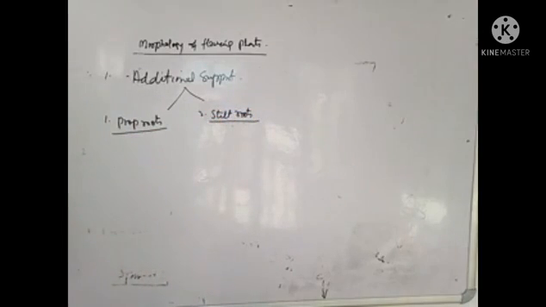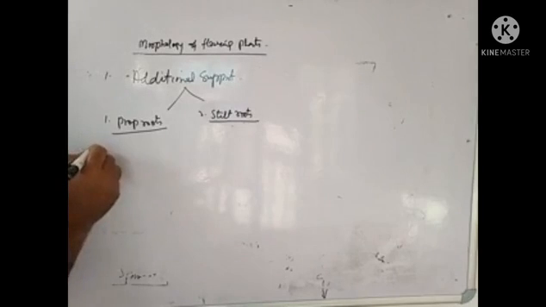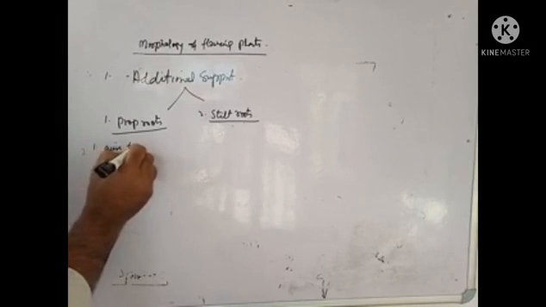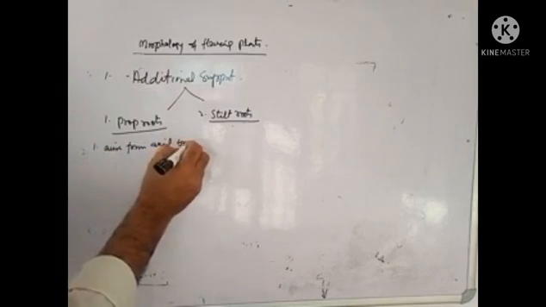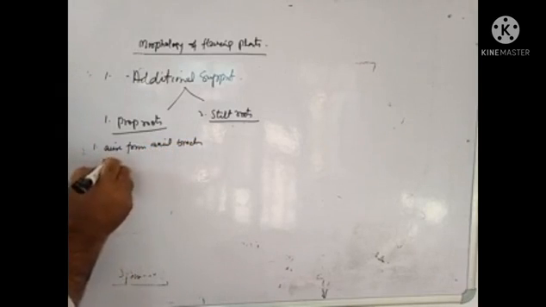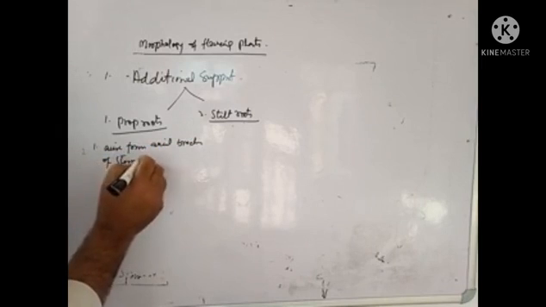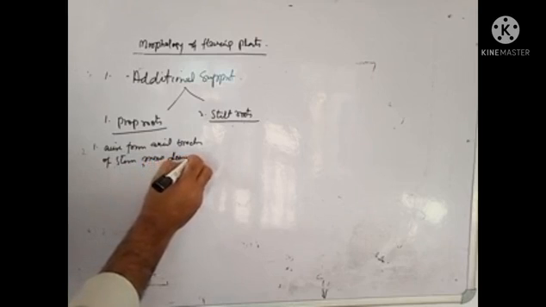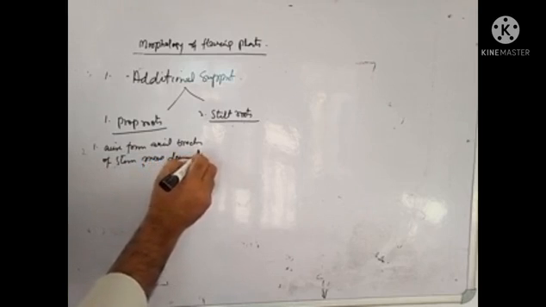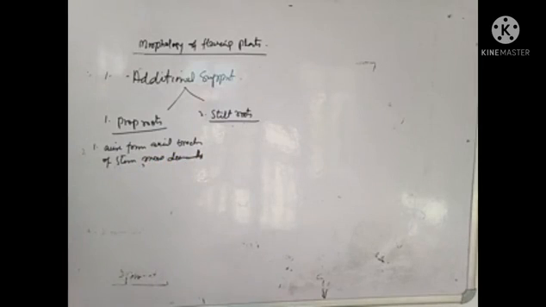Prop roots arise from aerial branches of stem and move downwards vertically.